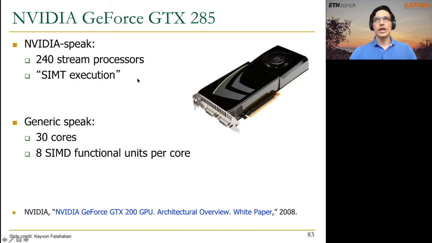This is NVIDIA terminology. In generic speak, we can talk about 30 GPU cores or 30 shader cores, as we also refer to them. And each of these cores contains 8 SIMD functional units, 8 lanes inside each of the GPU cores.